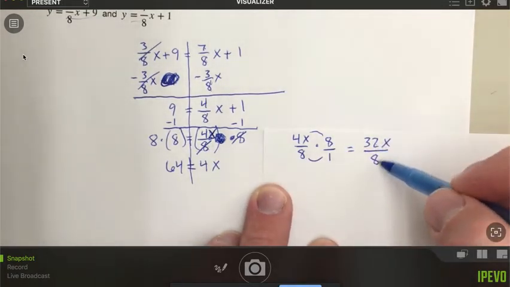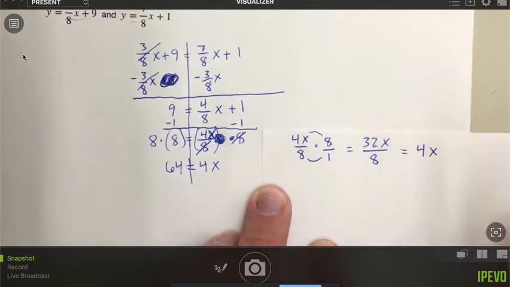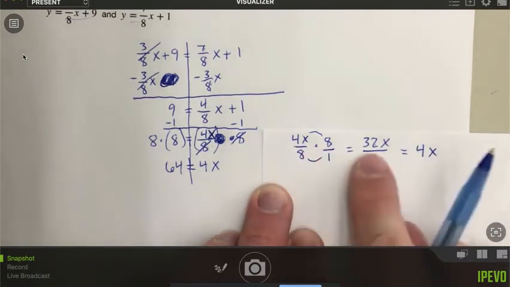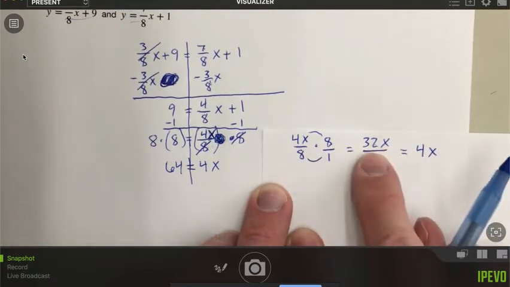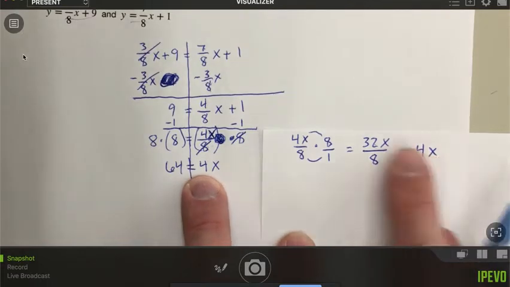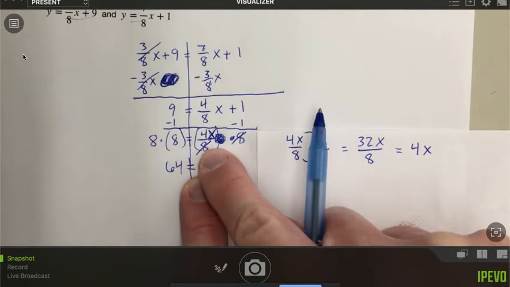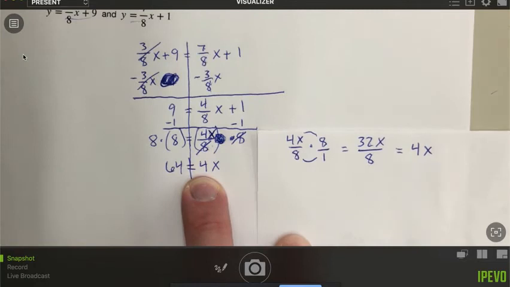What's 32 divided by 8? That happens to be 4. So notice how this property of fractions results in something that's reducible to the whole number that I got in this case. So this is the longhand. This is the shortcut, that whatever my denominator is, if I multiply both sides by that, they'll eliminate, leaving me with no more fraction.